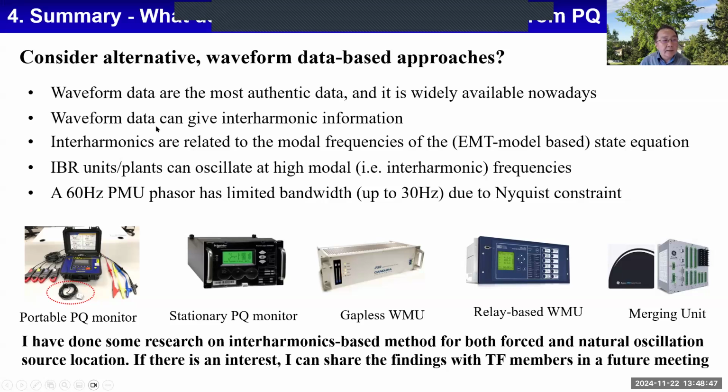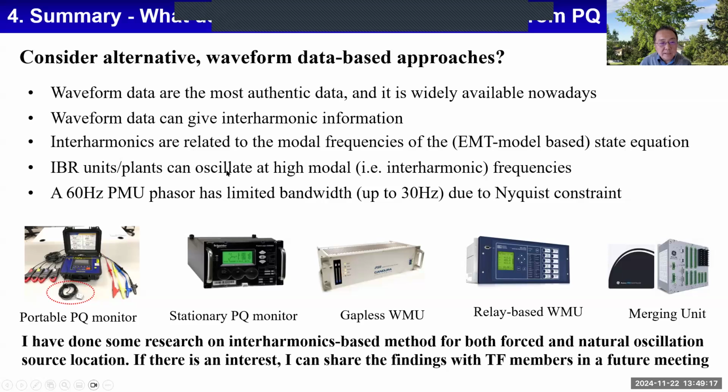Okay, and the waveform data can give interharmonic information. Now interharmonics are actually related to the modal frequency of the state equation, of course this EMT model-based state equation. They're the same thing. When you have a modal frequency, like an IBR, for example, when they do the studies, it shows they have an 80 hertz mode unstable at 80 hertz, which actually means 80 hertz interharmonics.